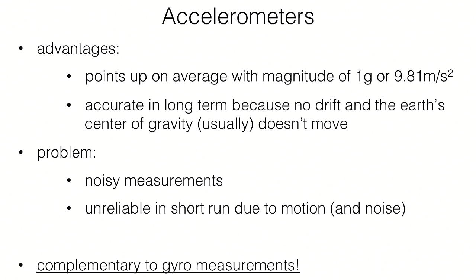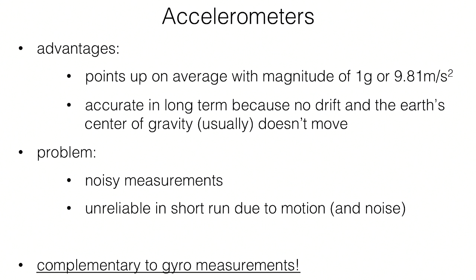Even if I apply an external force, that's only going to act on the device for a little while, and on average, it's still going to point up. So that's very important to have this global reference frame, and that's something that we don't have with the gyro. The gyro always takes these relative measurements of angular velocity, so after a little while we lose all notion of a global reference point. But the accelerometer will provide exactly that.